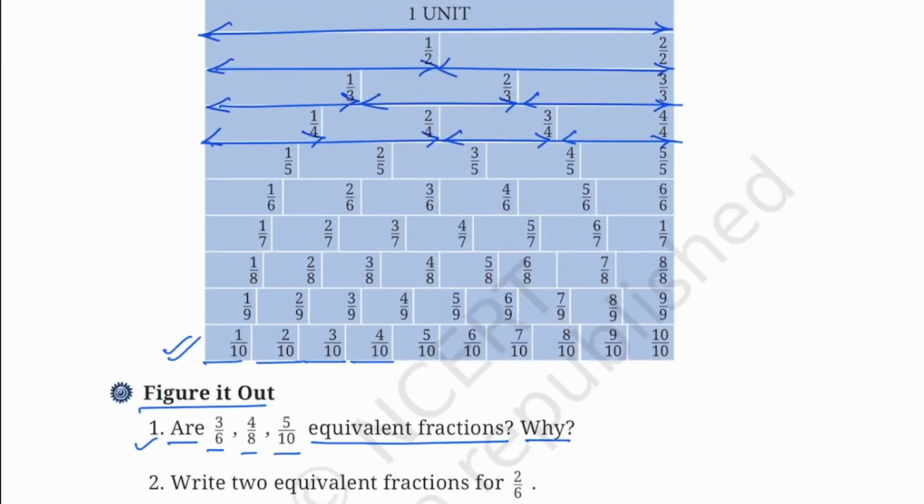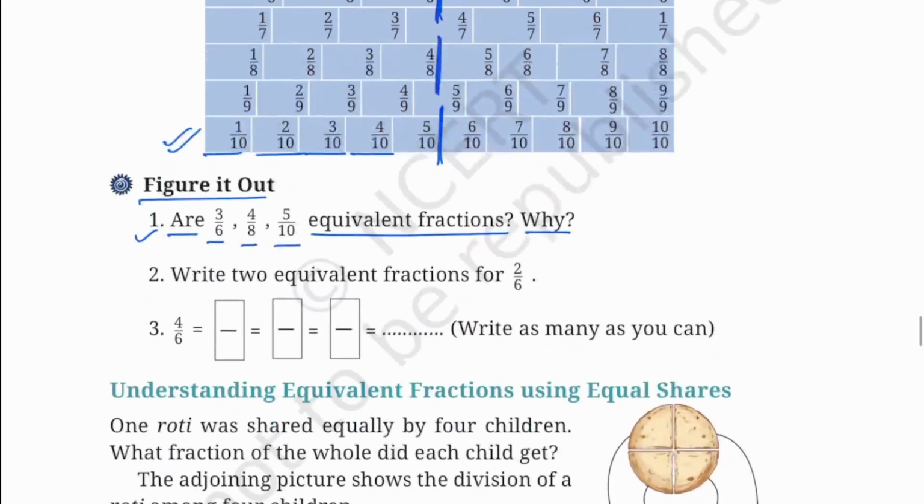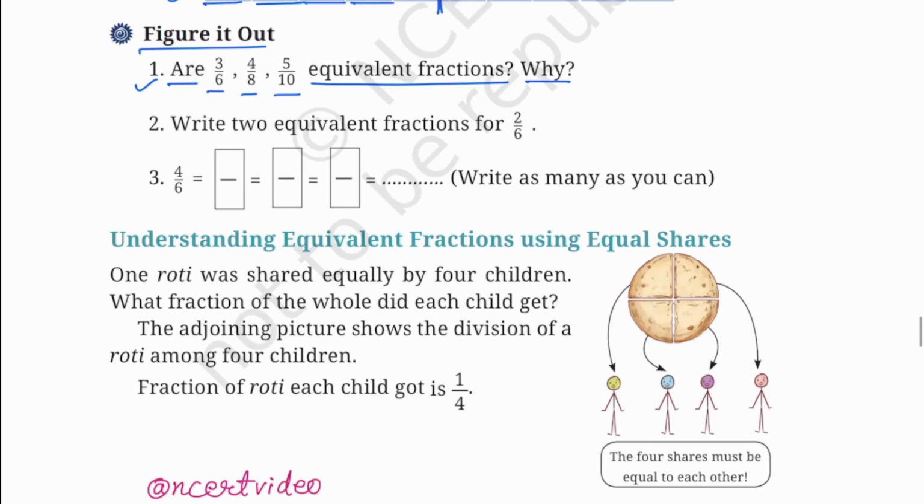3 upon 6 is here, 4 upon 8 is here, and 5 upon 10 is here. They are lying in the same vertical line, so they are equivalent fractions. You can figure it out like this. 3 upon 6, if you divide numerator and denominator by 3, you will get 1 upon 2.